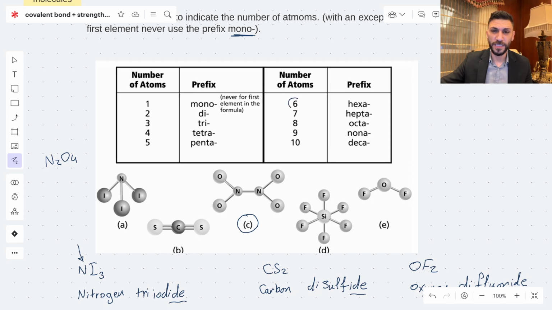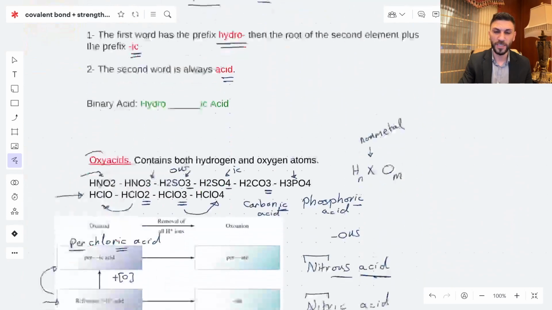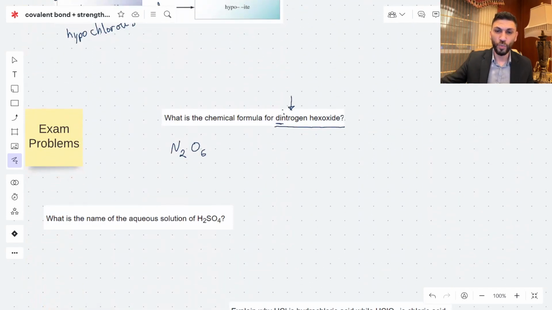For number 6, we have the hexa. And why did we write here in the name hexoxide? Basically here it should be hexa oxide.